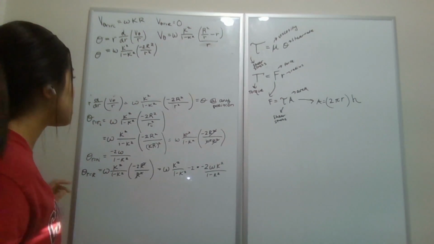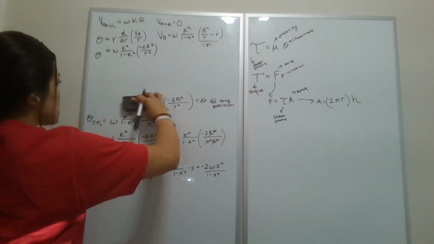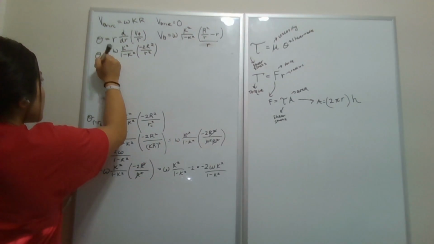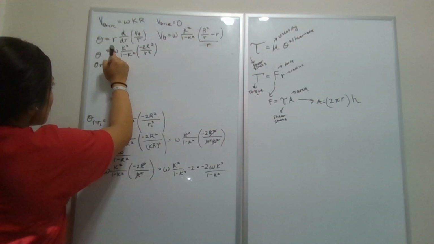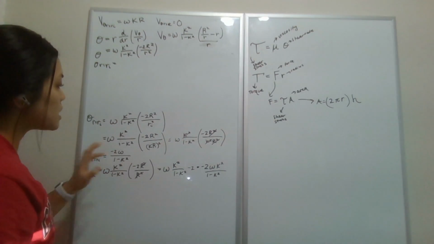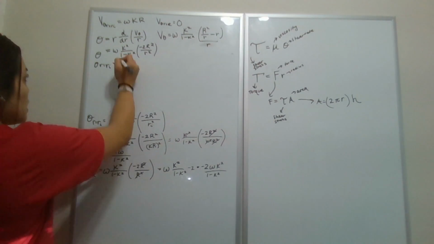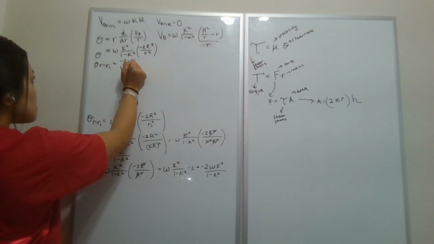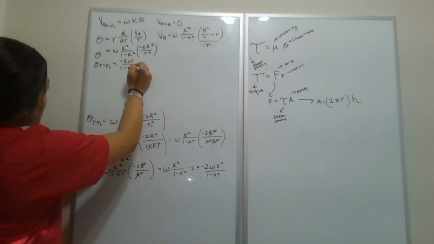And we also defined that the shear rate at the inner radius is -2 times the angular frequency divided by 1 minus the proportion between inner and outer radii squared.